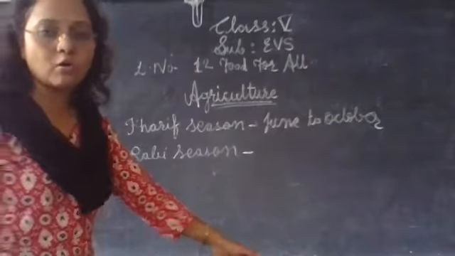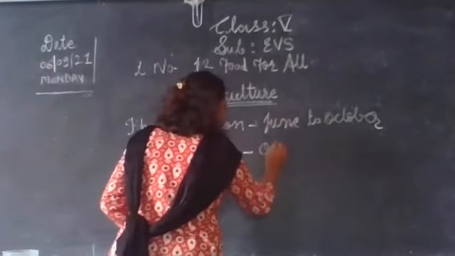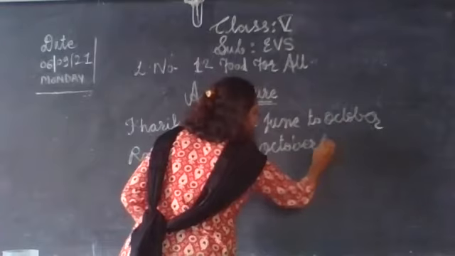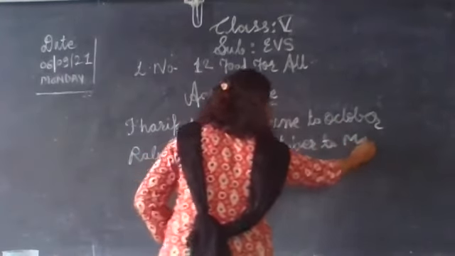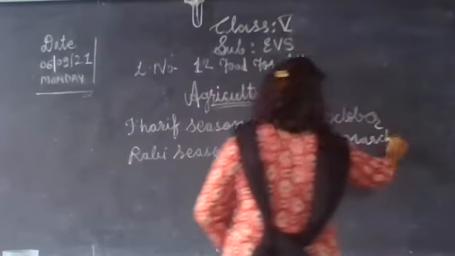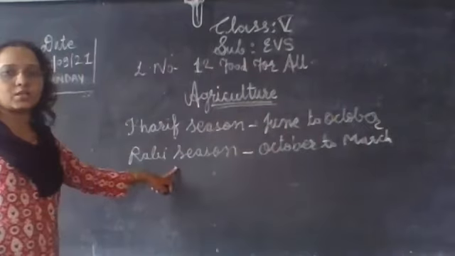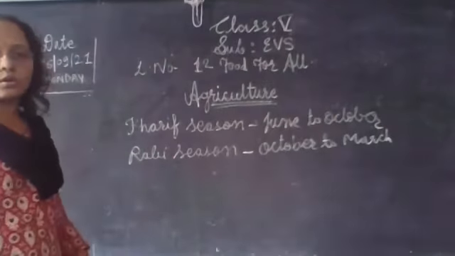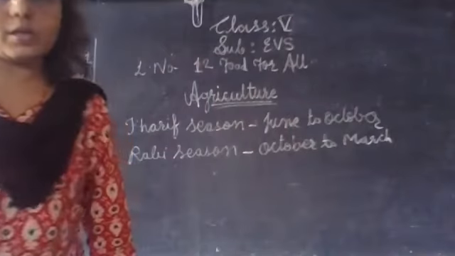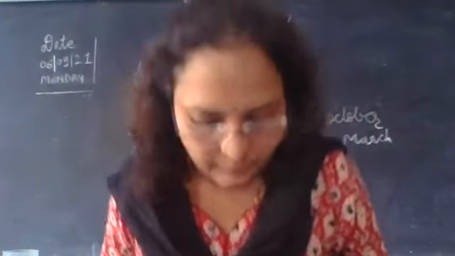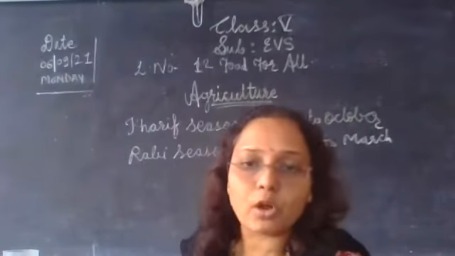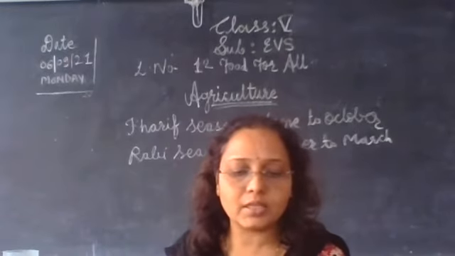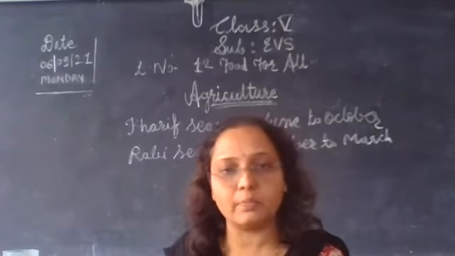And the season from October to March is the Rabi season. So we grow the Rabi crops from October to March. The season from June to October is the Kharif season. In this season, the crops are watered mainly by the rain.